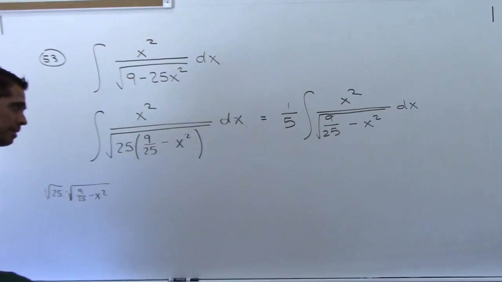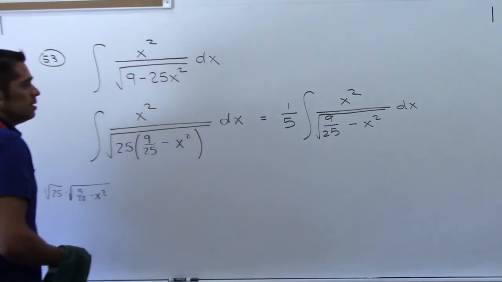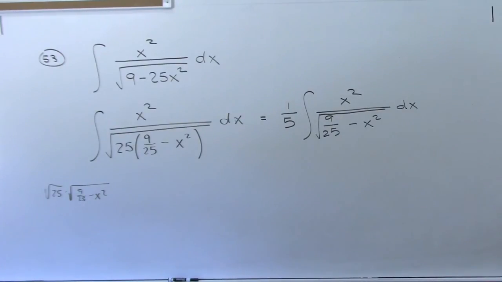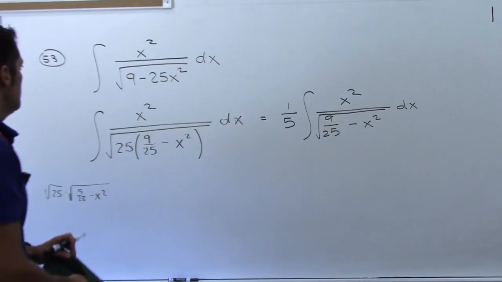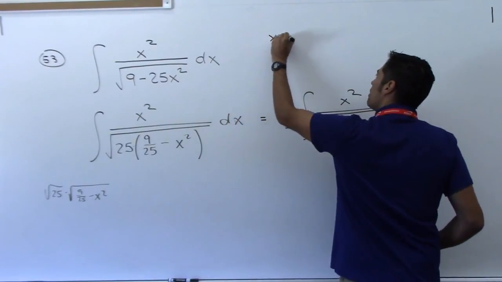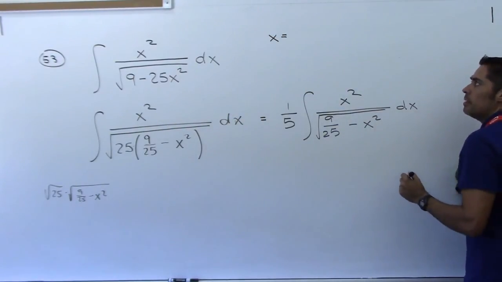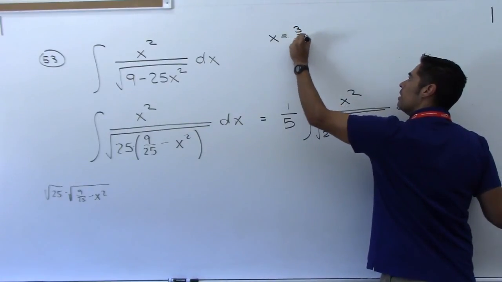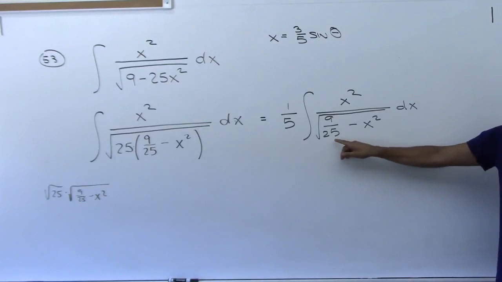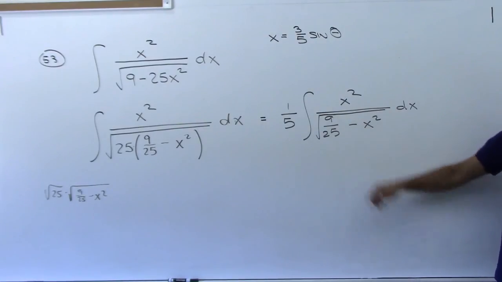It's a little tricky on what a is though. So the formula we're using, we're going to make a substitution. X is a sine theta. X is a sine theta. X is, what's a? 3/5 sine theta. So it's just the square root of that number. Square root top and bottom separately.